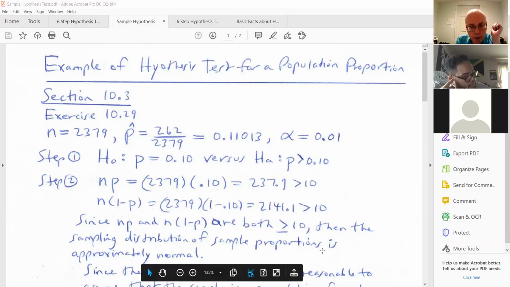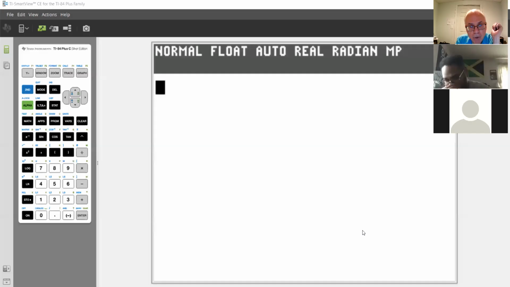Let's go to the calculator and pay attention to this, because it's a very useful little tip. Suppose you want to save p hat because you're going to use it later in a calculation. You want to save all the digits, because sometimes it could be 9 digits displayed. Instead of rounding it, what you can do is do your calculation.